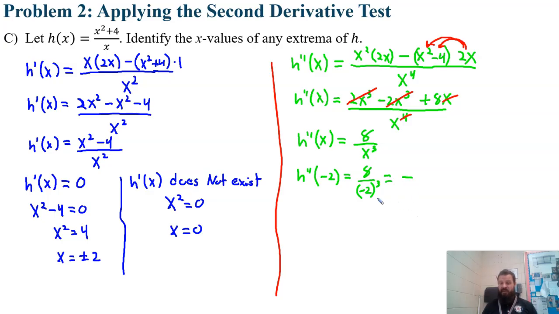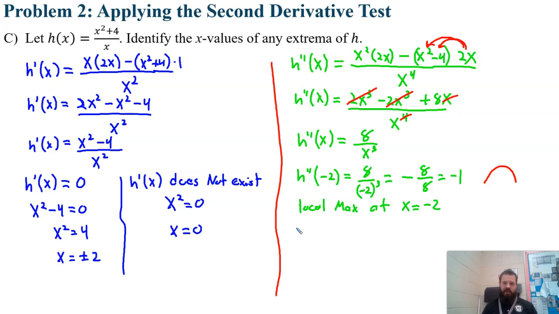That will be negative because raising to the 3rd power keeps it negative. That'd be an 8 over 8, 2 to the 3rd is 8. Negative 1, in other words. My second derivative is negative, meaning that my function at negative 2 is concave down. So we could say local max at x equals negative 2.